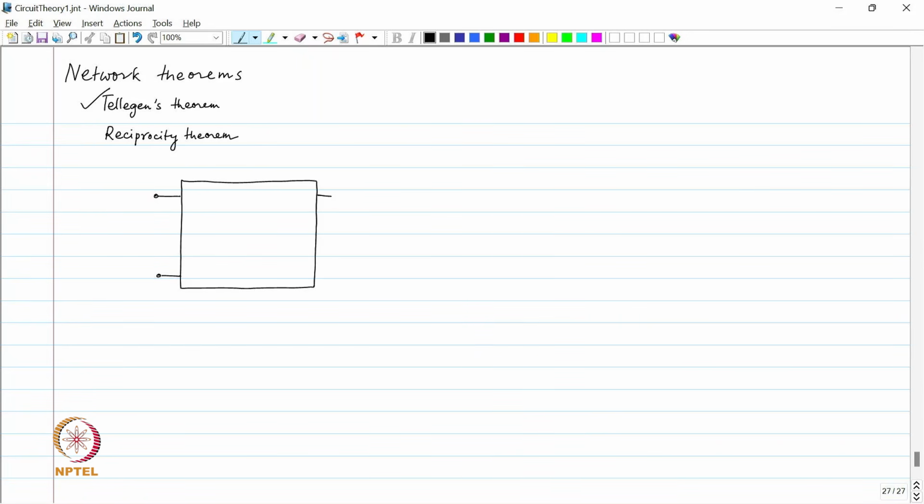So, whenever you have a pair of wires, we call it a port. What is a port? A pair of wires sticking out.